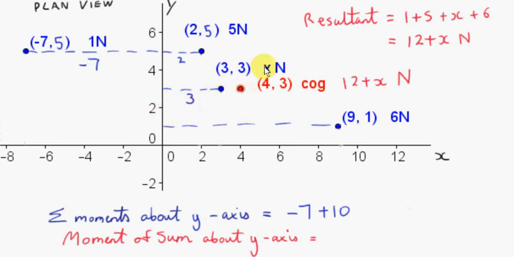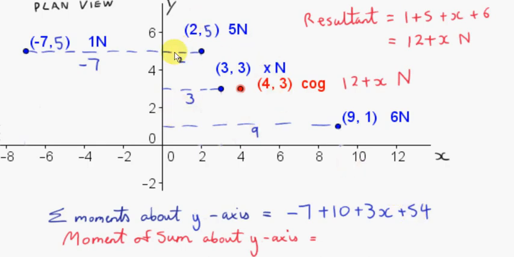The distance is 3. The magnitude of the force is x, into the screen, of course. So we multiply x by the perpendicular distance of the line of action of x from the y-axis, which is 3. And finally we have our 6 Newton force acting at this point, so it's 6 by 9. It's 54.